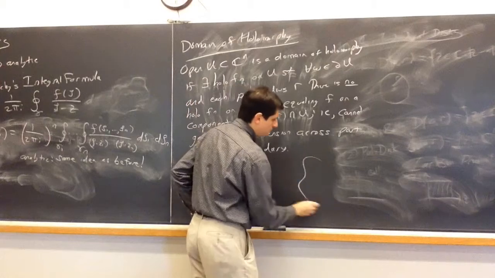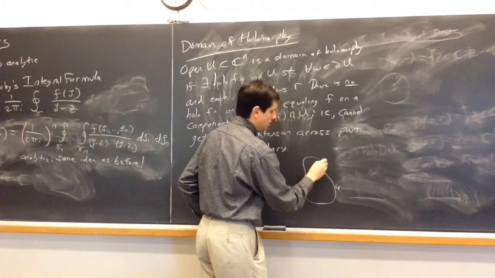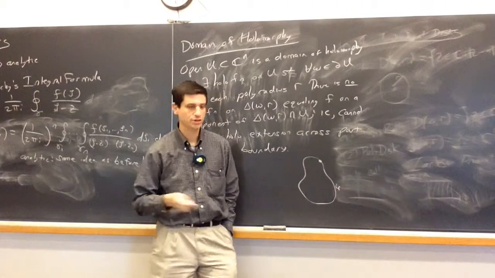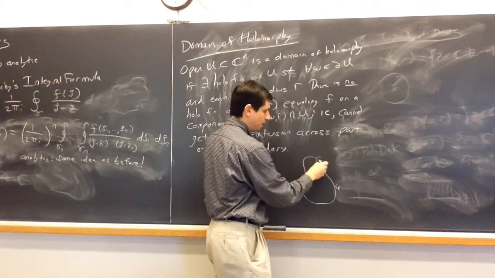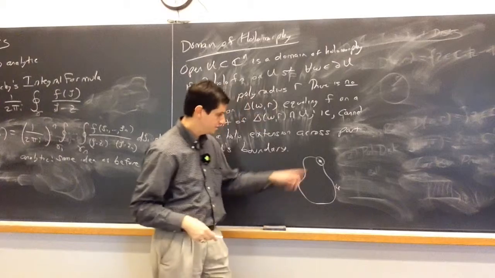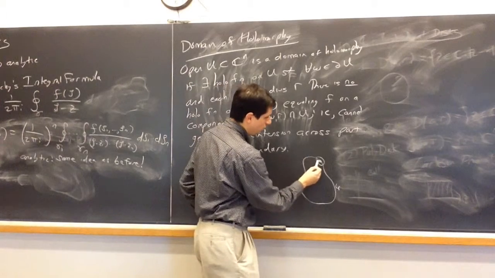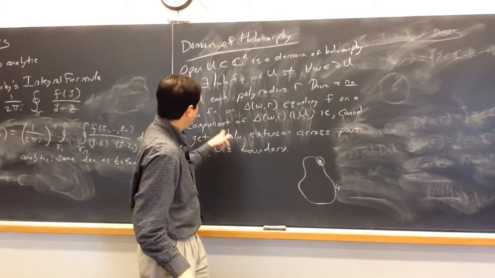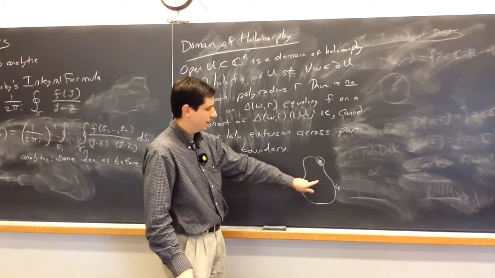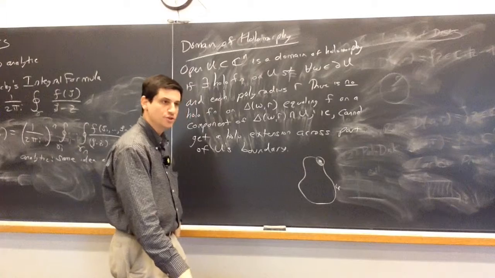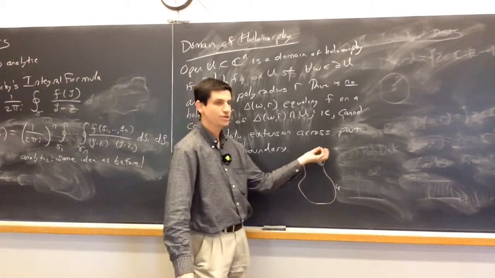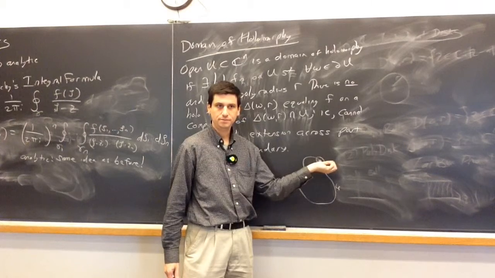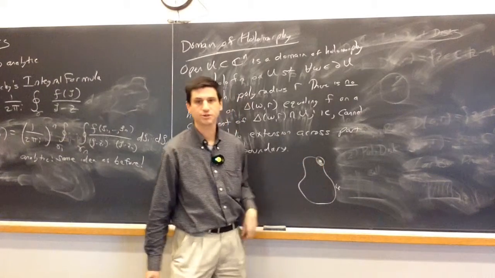So basically, imagine, here's my set U. Here's some point. I'm going to just draw things in one dimension. I draw some little disk about that point. Here's the disk intersected with U. That'll be the little part in here. If I start off with some holomorphic function f, I don't want to be able to construct a holomorphic function which is defined on a slightly larger set, which will agree with the original function.